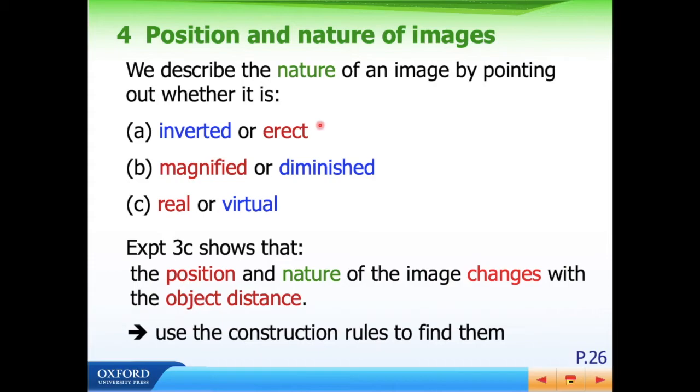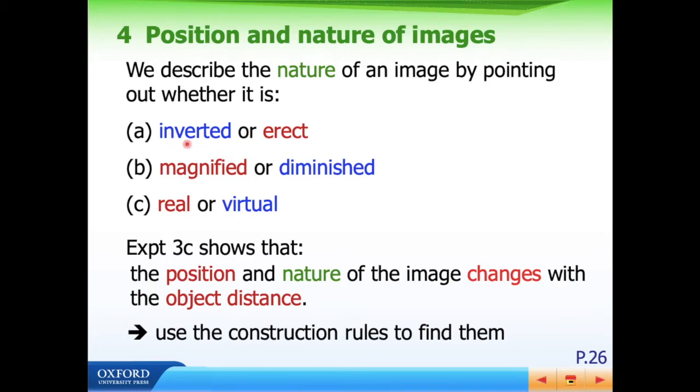From that video presentation, we can infer important characteristics of the images formed by the convex lens. We describe the nature of an image by pointing out whether it is inverted or erect, magnified or diminished, real or virtual. So these keywords, class, are very important in our discussion about the images formed by our convex lens.